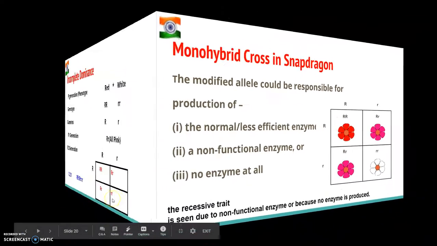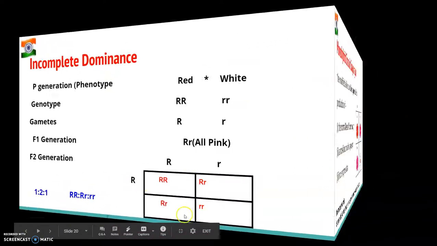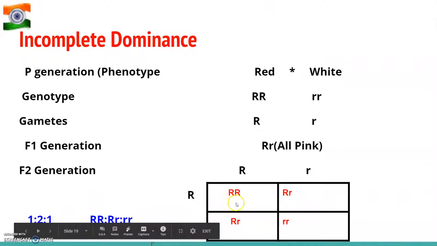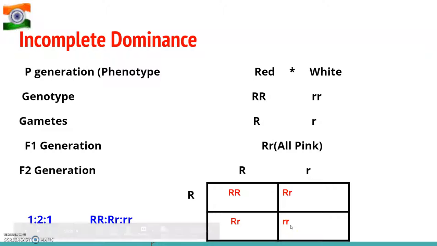So these are the combinations produced: one is homozygous, two are heterozygous, and one is again homozygous, that is the 1:2:1 ratio.